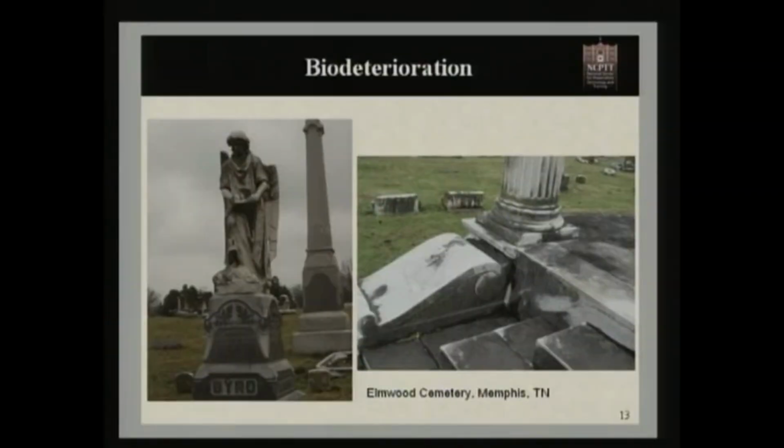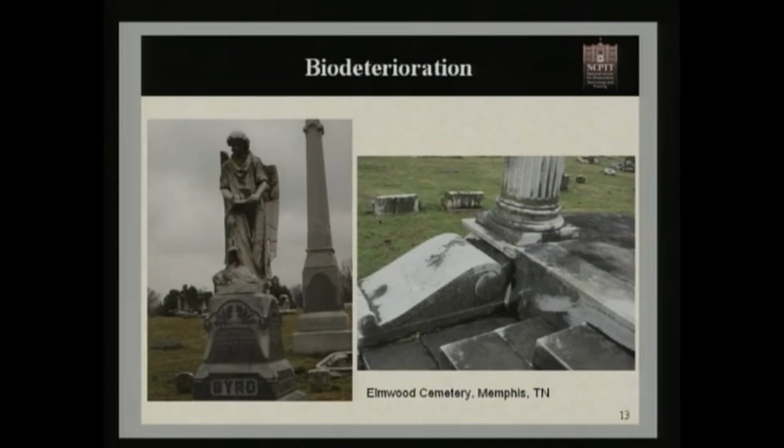Now, I'd like to talk to you a little bit about biodeterioration, which can sometimes be confused with air pollution because you'll see black products on your stones. But biodeterioration is different because you'll often find it on open surfaces. When I say biodeterioration, I mean the attack of microorganisms from bacteria to algae to fungi.